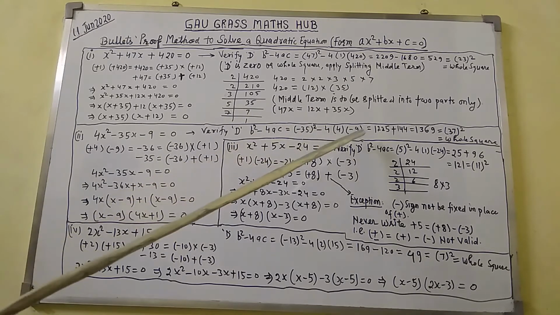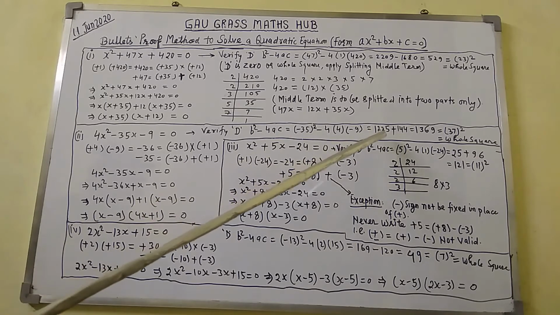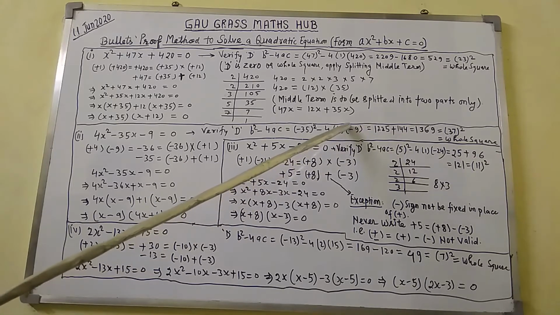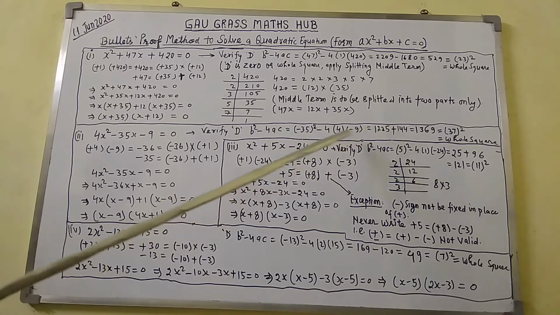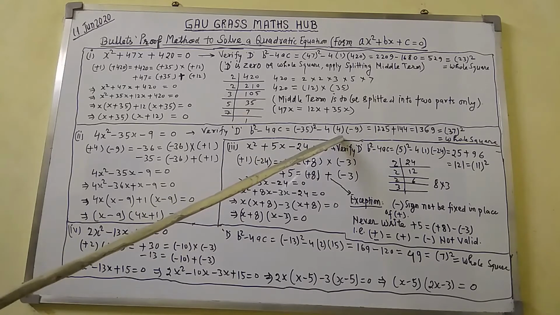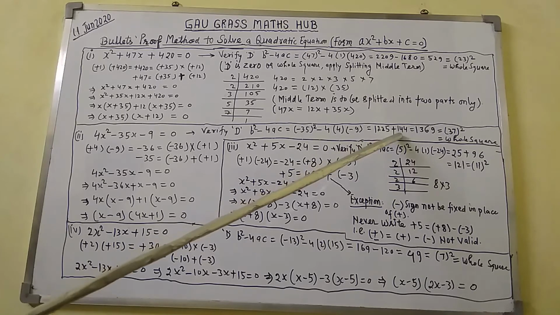Do the operations here. Minus 35 whole square comes out to 1225. Minus sign times minus sign multiplies together and the result will be plus. Here 4 into 4 is 16, and 16 times 9 is 144.